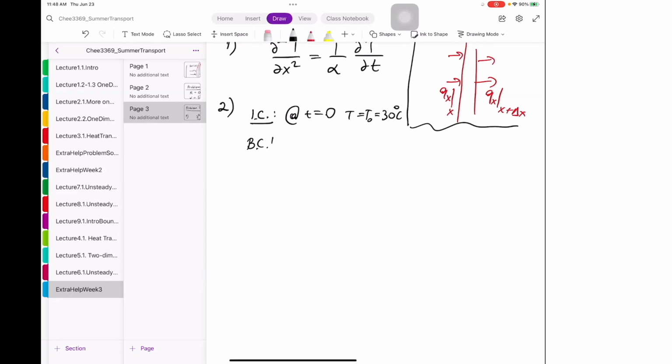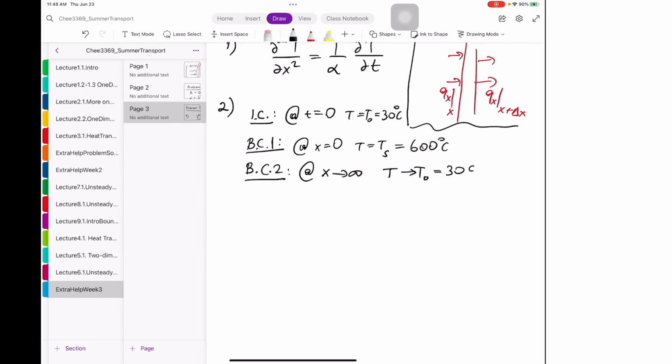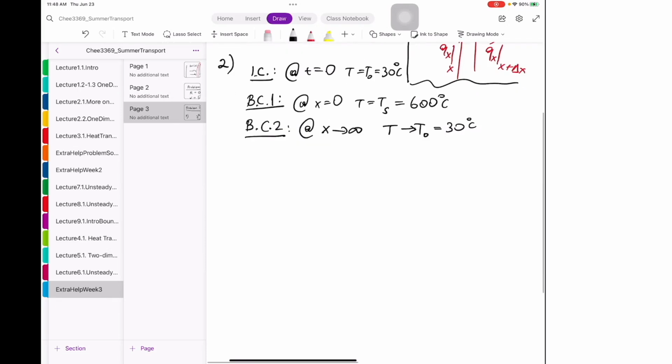Boundary condition 1: at x equal to 0, T is equal to T surface, which is the temperature of the fire, 600 centigrade. BC2: as x goes to infinity, T goes to T0, which is equal to 30 degrees centigrade, right?